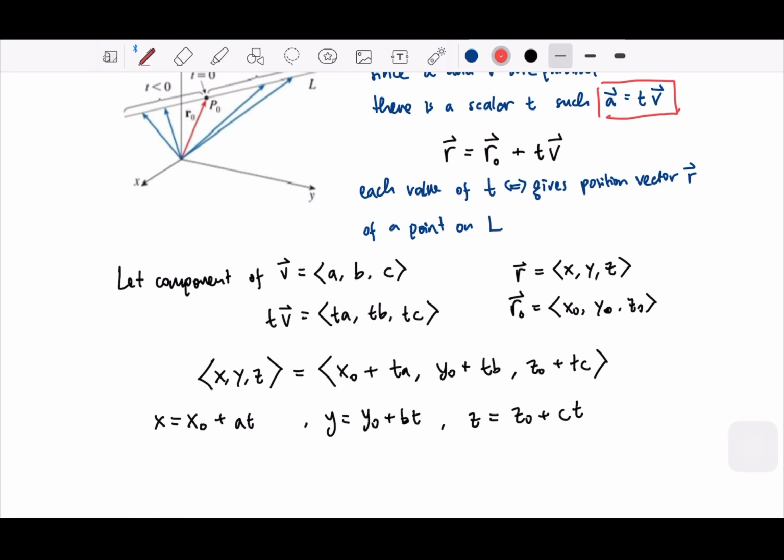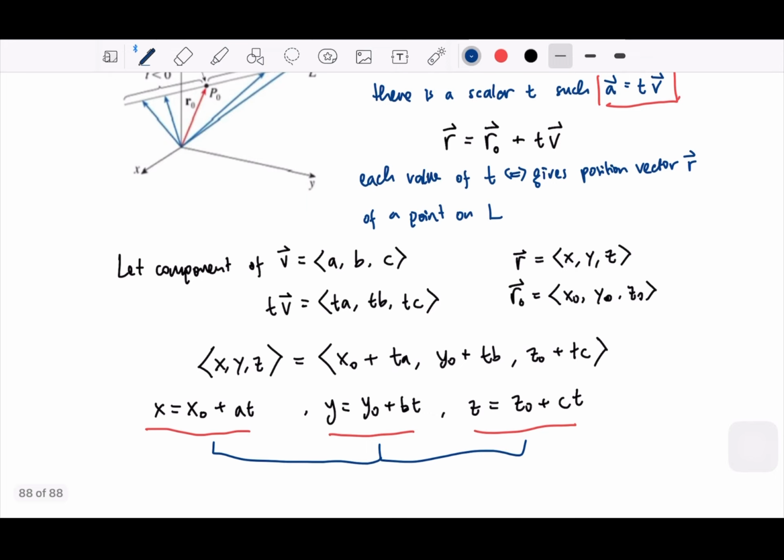Now these three components of x, y, and z are called the parametric equations. So we call these the parametric equations for each component of line L. We can break down our vector from the general position vector into each component of x, y, and z.